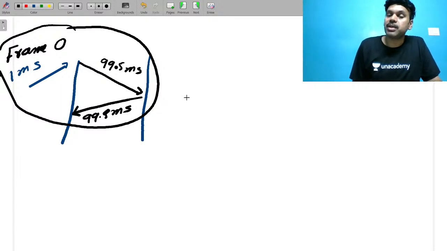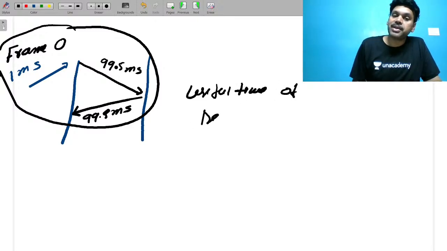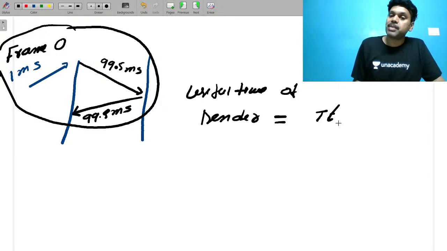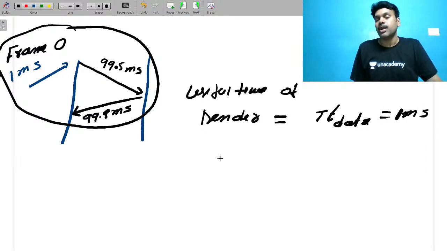Now you tell me, what is the useful time of the sender? The useful time of the sender is the time he sends the data before waiting for acknowledgement, which is the TT for data, which we are considering as 1 ms. And how much time is he waiting?